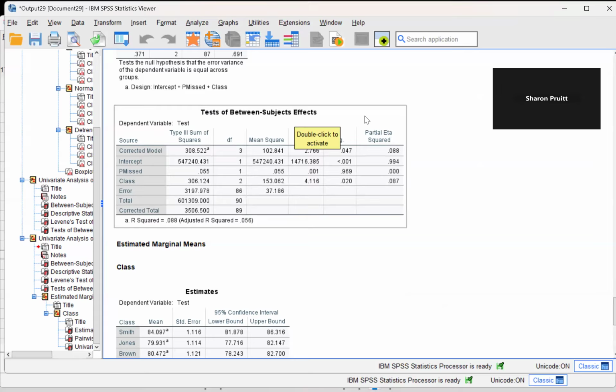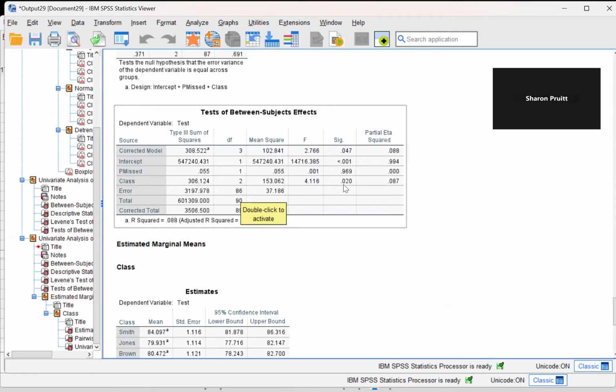After adjusting for the periods missed, the ANCOVA revealed a statistically significant effect of class on test scores. We go to the class row, and we know F with 2 and 86 degrees of freedom equals 4.116. We see that there's a p-value of 0.02, and partial eta squared is equal to 0.087.